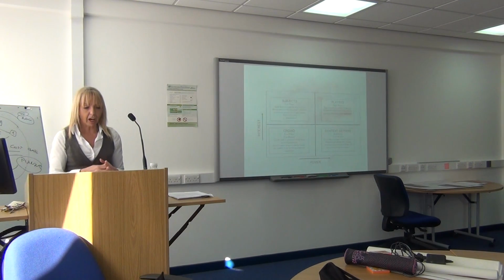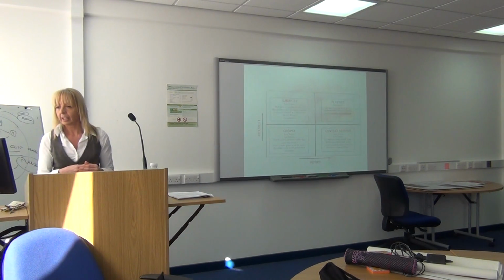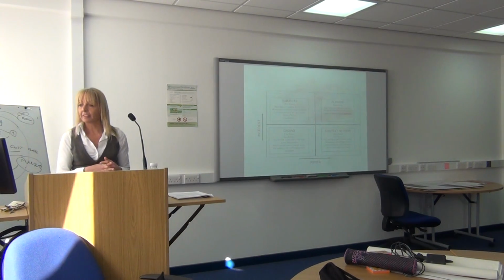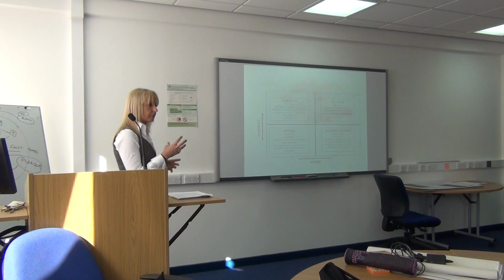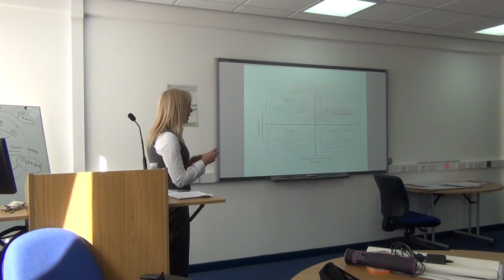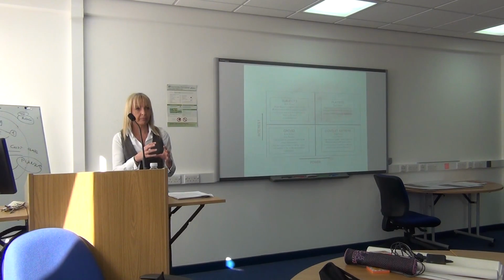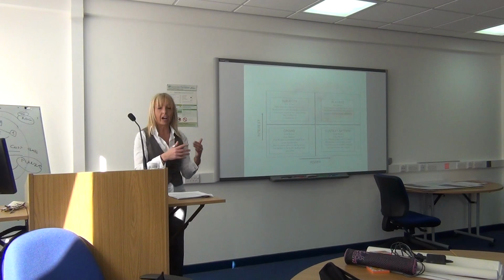Context setters are high power with low interest. They can influence future overall context. Management should seek to raise awareness and develop positive interest and convert them into players. So it's all about identifying who they are and then potentially coercing or converting them, regardless of whether they're positive or negative, either way.